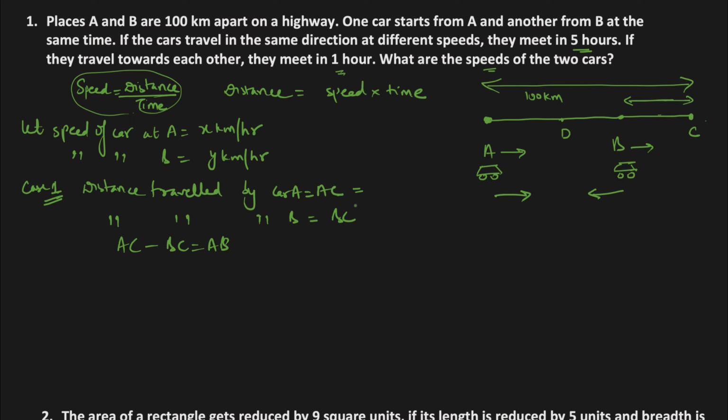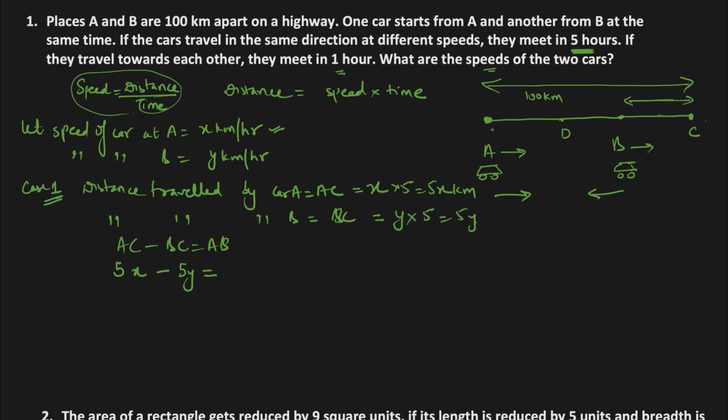The speed is x kilometer per hour, and it is traveling for 5 hours, so it is 5x. BC similarly will be, speed is y and time again 5, so it is 5y.